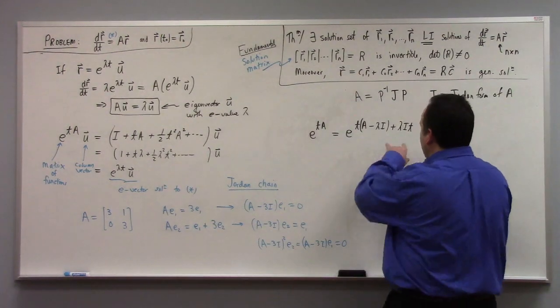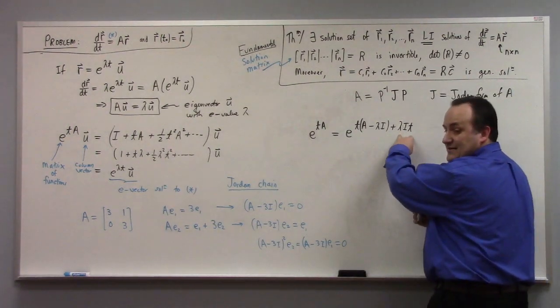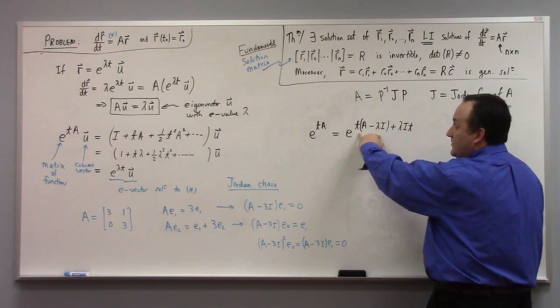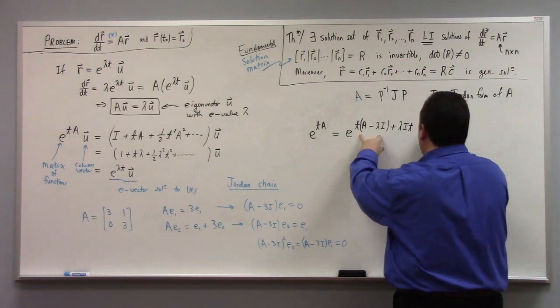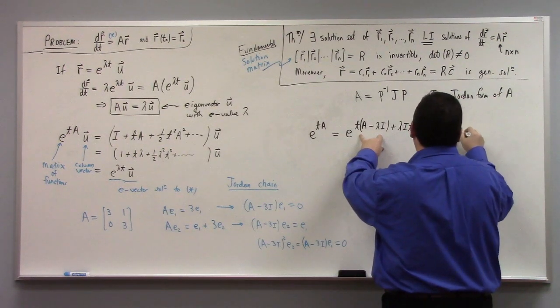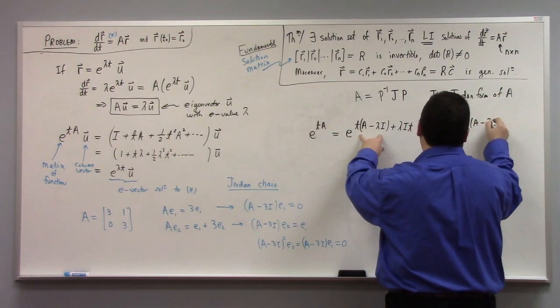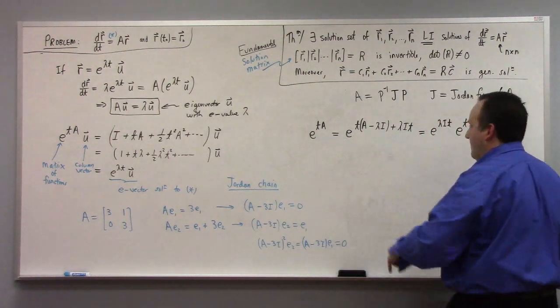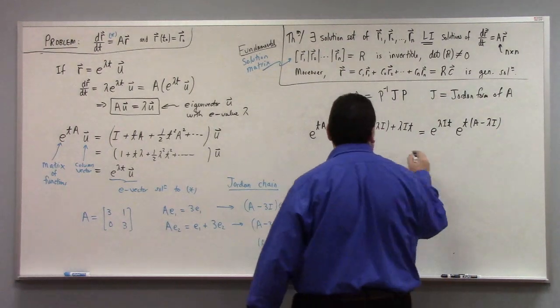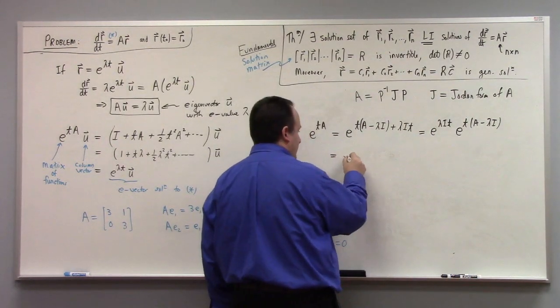The thing is, this matrix is a multiple of the identity. Therefore, it commutes with that, no matter what it is. Identity commutes with everything. So we can rewrite this as e to the lambda I t times e to the t times (A minus lambda I). But then by the homework problem I just told you about, we can factor the e to the lambda t out.